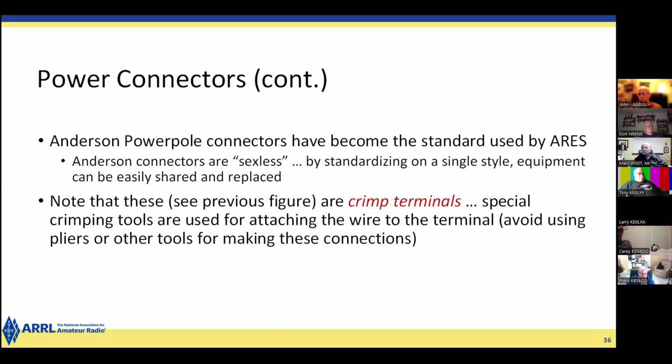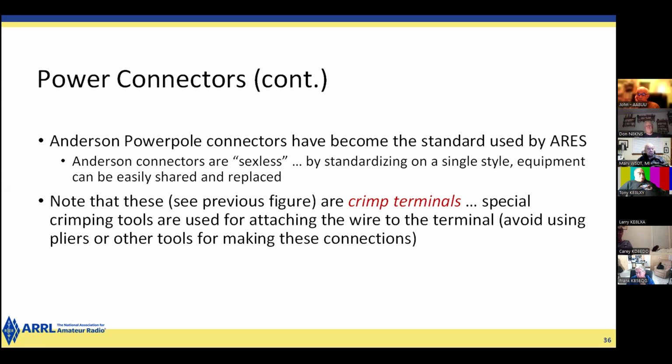The reason I mentioned that is they're mentioning that Powerpoles are expensive now. All the tariffs are kicking in, and that's the reason everything's going up. Yeah, most electronics is offshore, really.